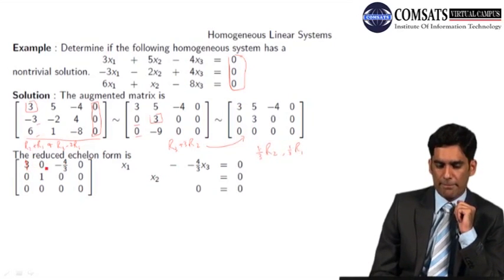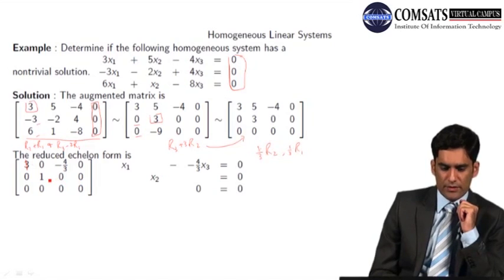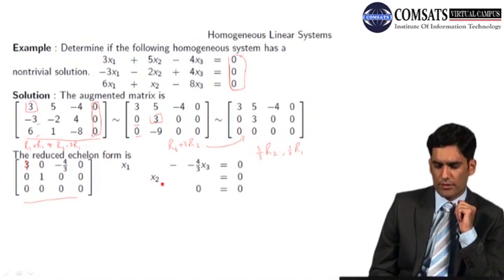Here we have 1. And if I convert this reduced echelon form to my symbols x1, x2, x3, I have these equations. The third row gives me 0 equals 0, the second gives me x2 equals 0, so I have the value of x2 equals 0.